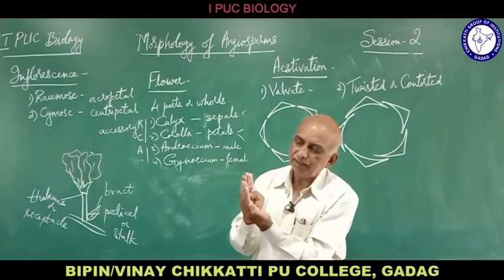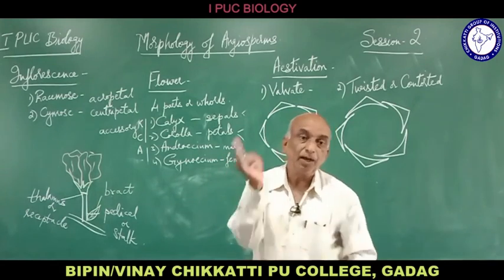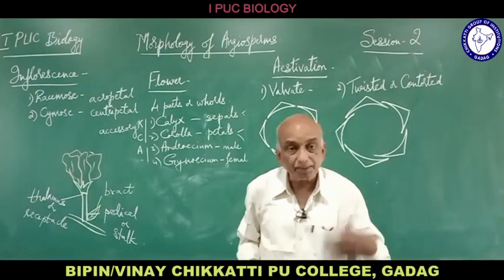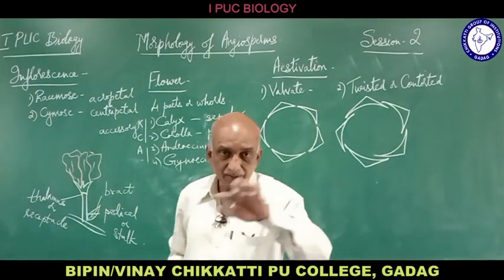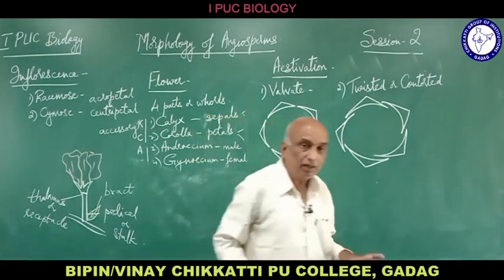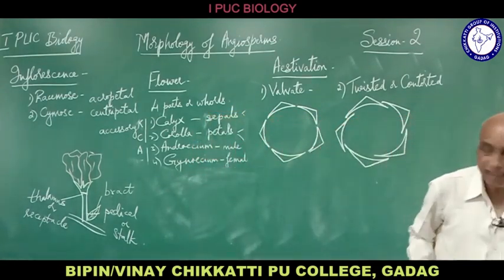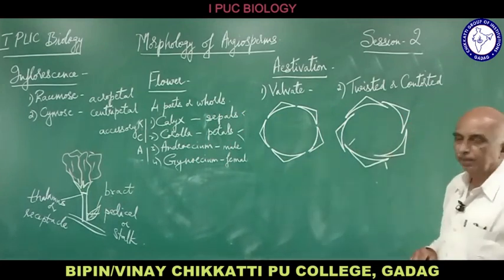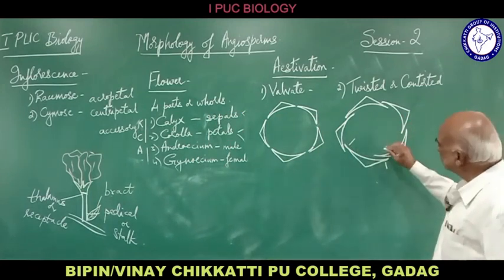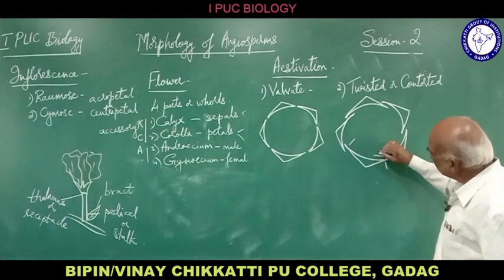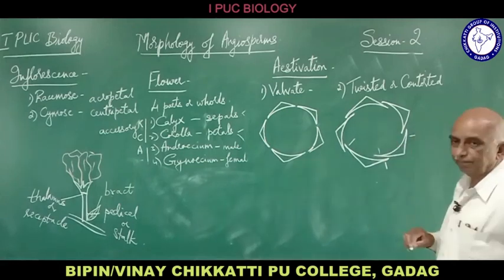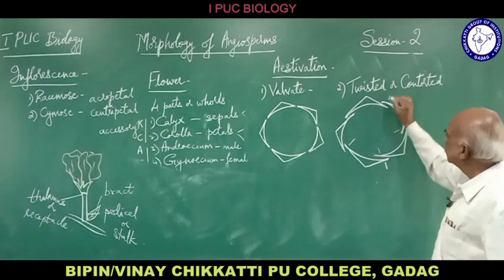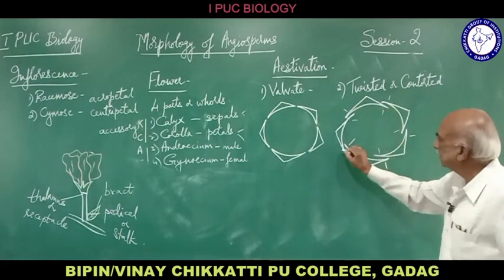Again, when this is overlapped, it will overlap on the next sepal or petal. So out of the total petals or sepals, one edge is inside and one edge is outside. Every petal or sepal, this is inside and this is outside; inside, outside, inside, outside.